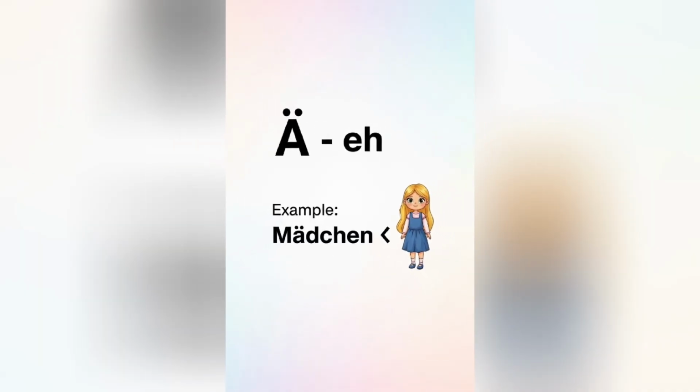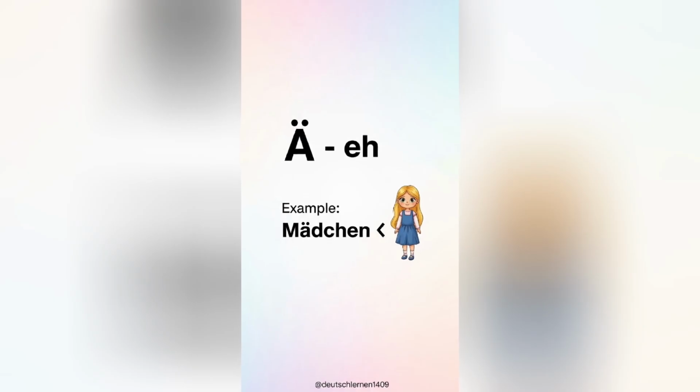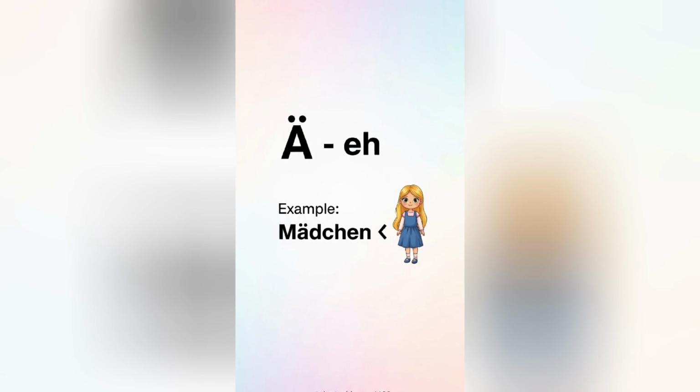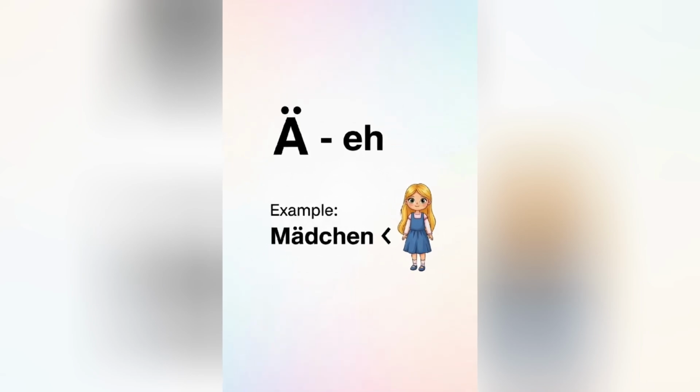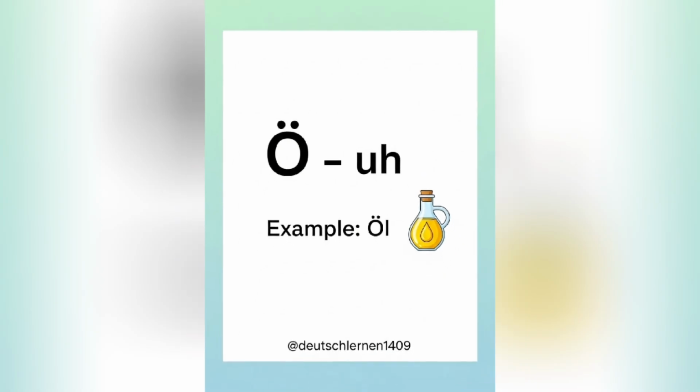Let's start with A umlaut. A umlaut sounds similar to the E sound in the English word bed. For example, Äpfel, which means apples. Remember, A umlaut is not like A. It is a softer E sound. Next comes O umlaut.